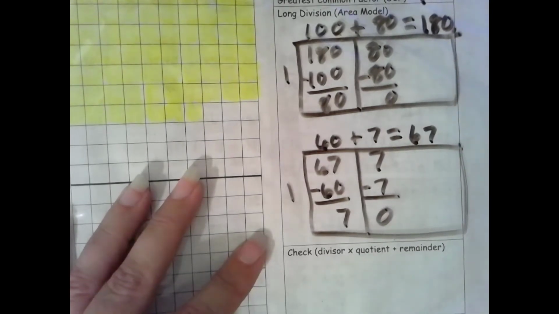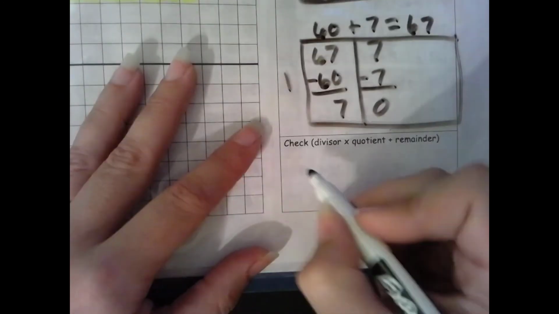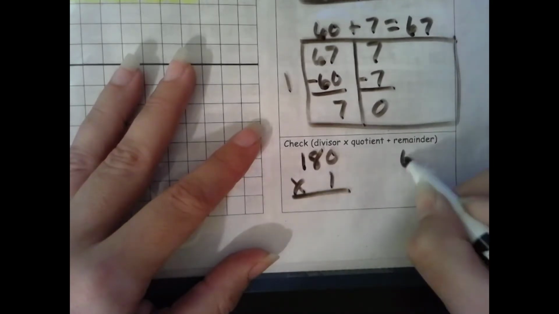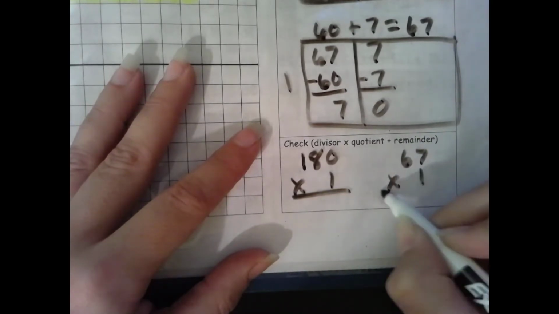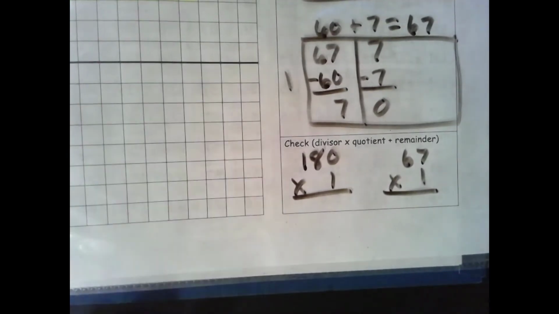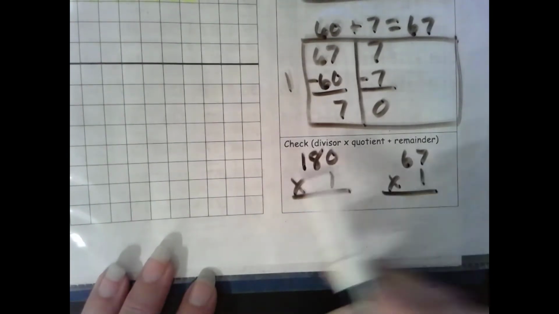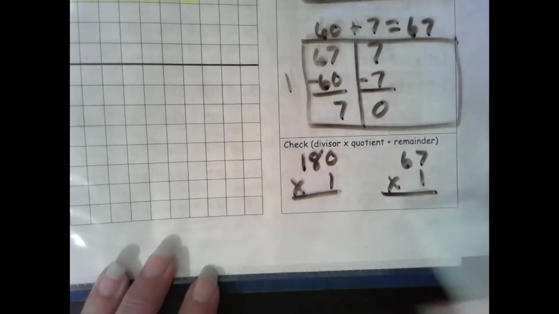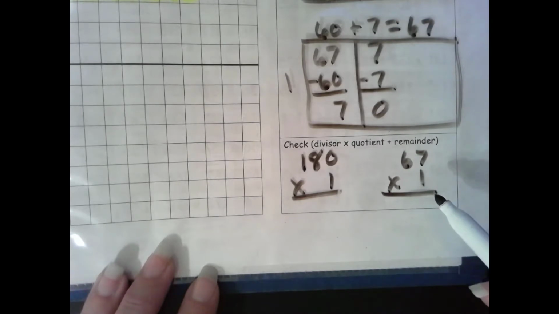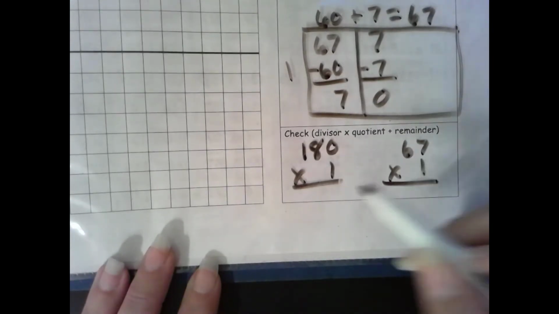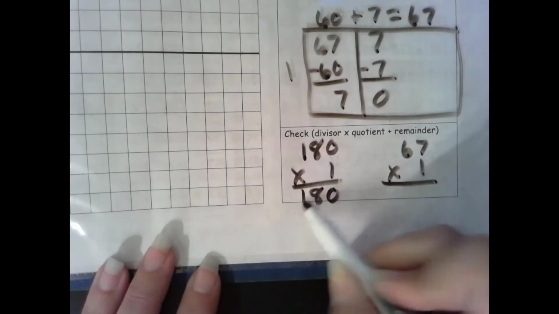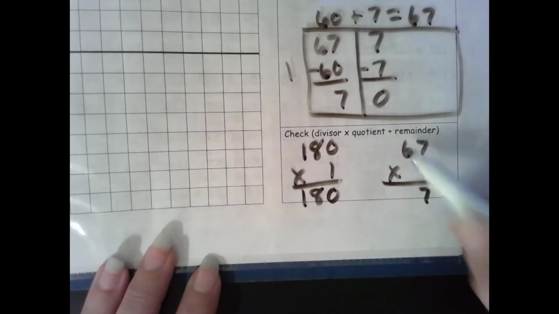So I still want to check divisor times quotient plus remainder. Since our remainder is 0 for both, and that is the identity property of addition that says when you add 0, it stays the same, we don't need to add 0. But what we end up with here, and why our division is the way it is when we divide by 1, is we have the identity property of multiplication that says when you multiply by 1, it stays the same. 1 group of 0, 1 group of 8 tens, 1 group of 100, 1 group of 7, 1 group of 6 tens.